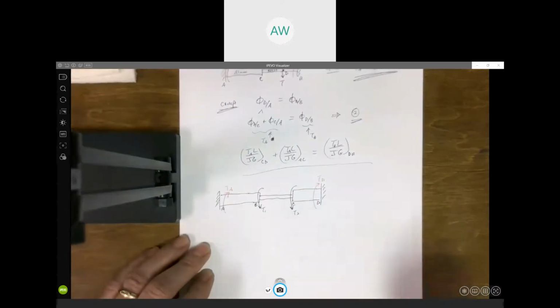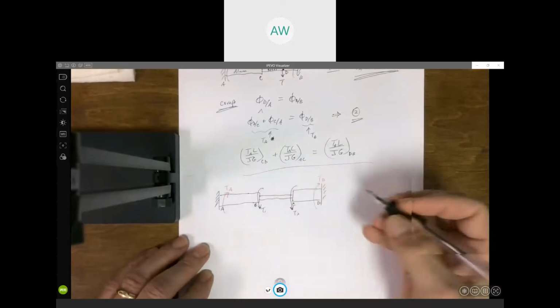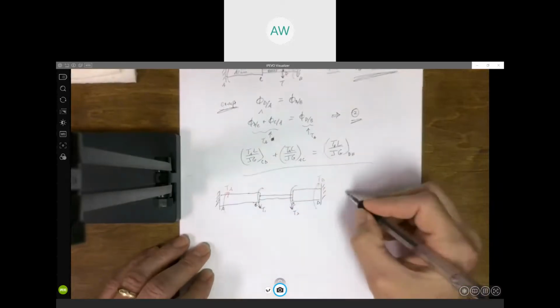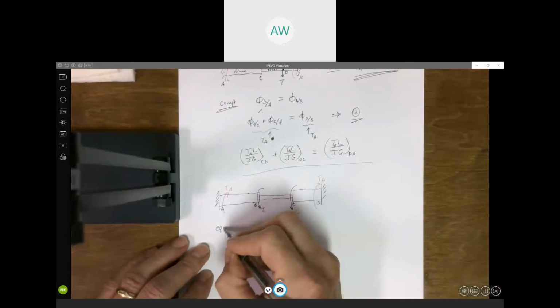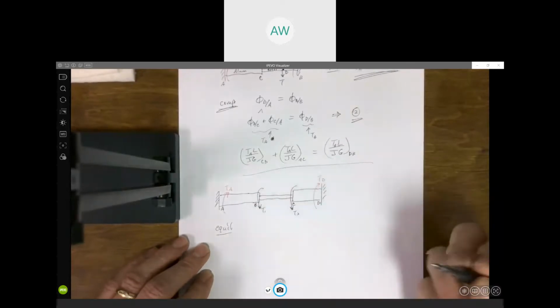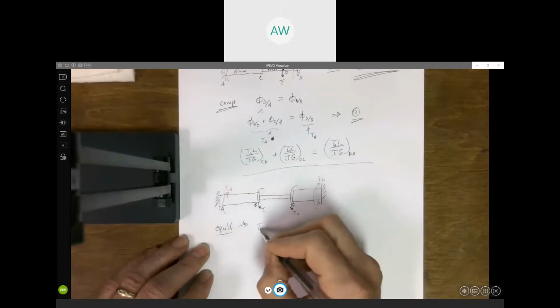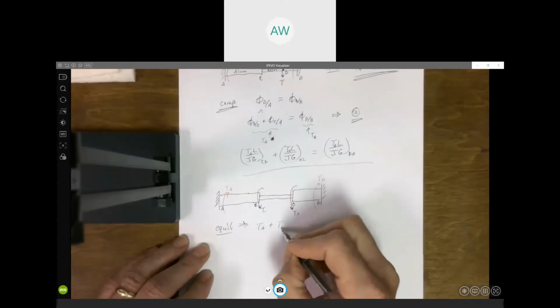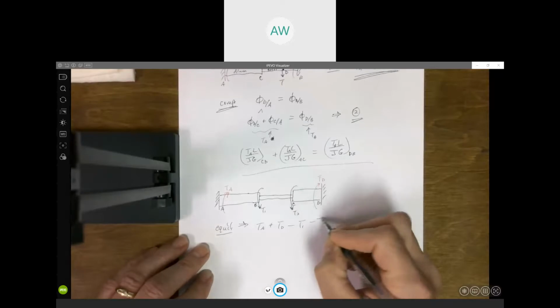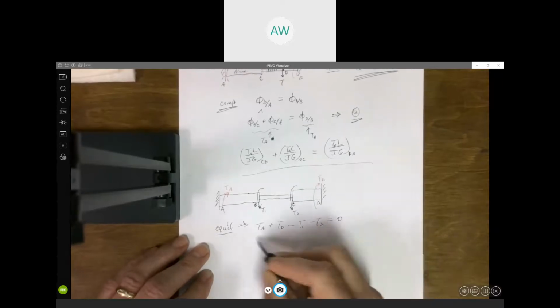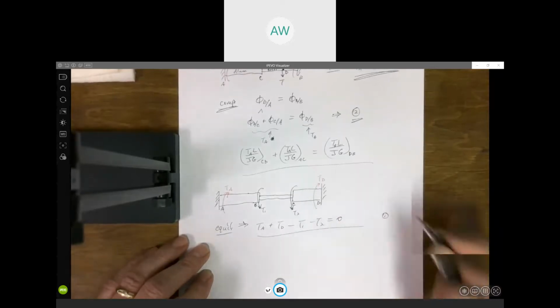And again, equilibrium: the sum of the torques equals 0. TA plus TD minus T1 minus T2 is 0. We got one equation, two unknowns.